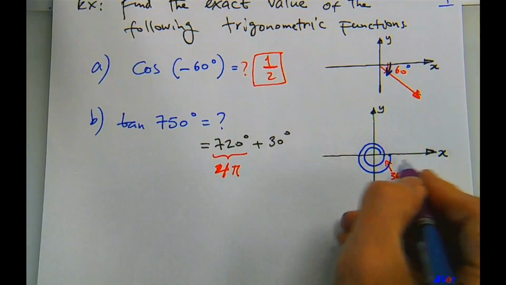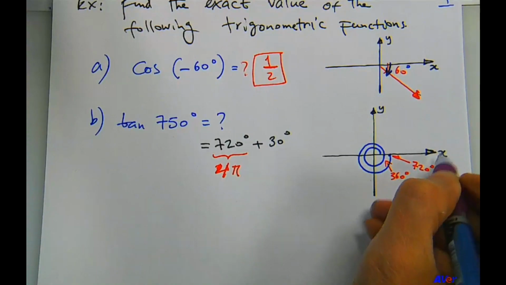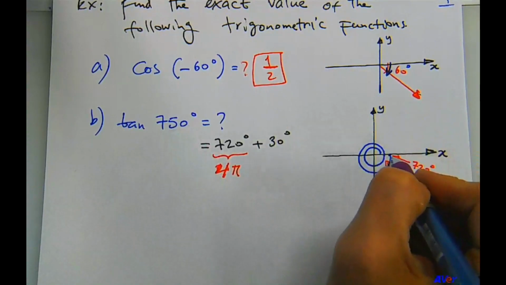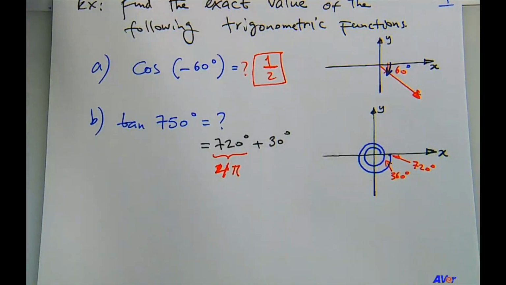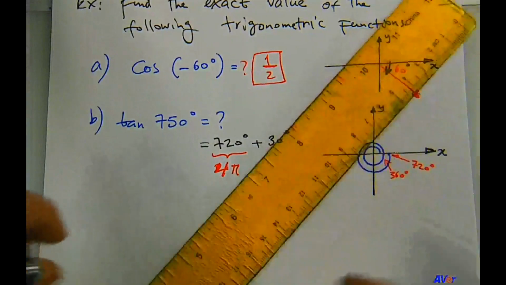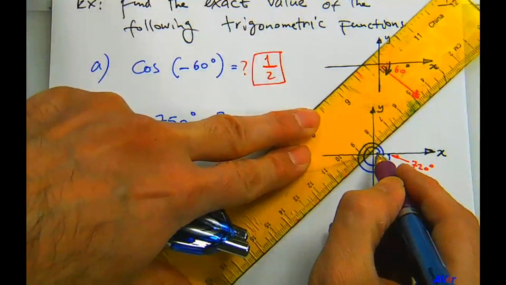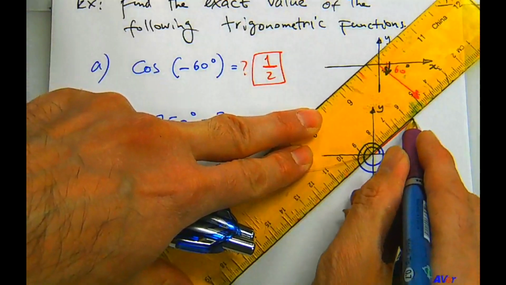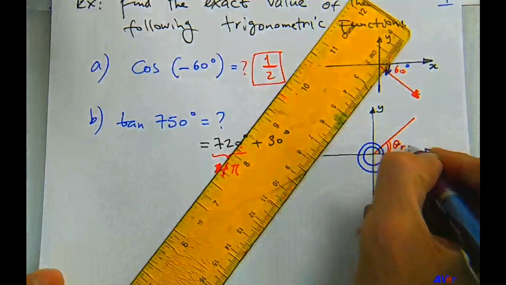So that's 720 degrees. But this is 750, so I need to go another 30 degrees. I'll end up in the first quadrant. So I'm just going to draw the 30-degree terminal side, which is at 30 degrees angle, theta r.